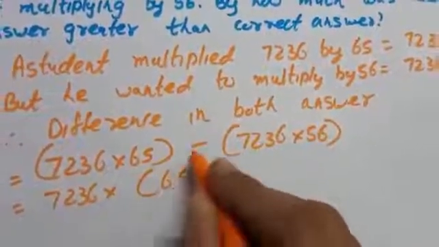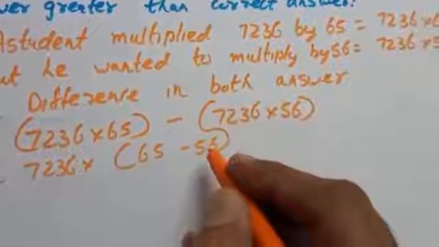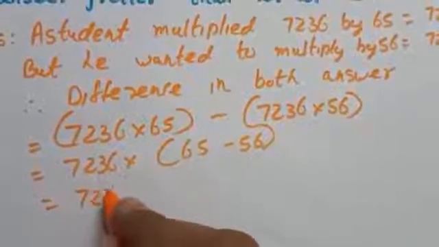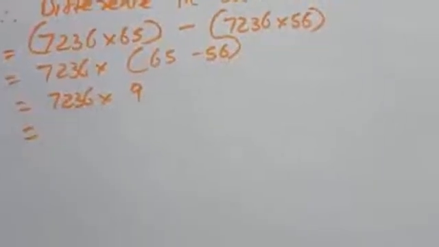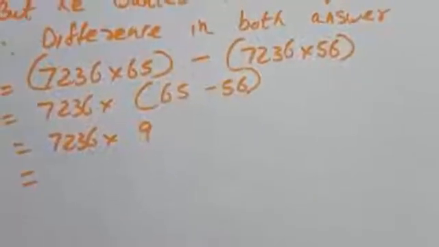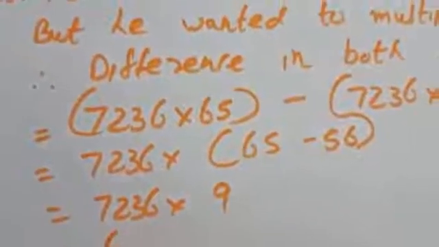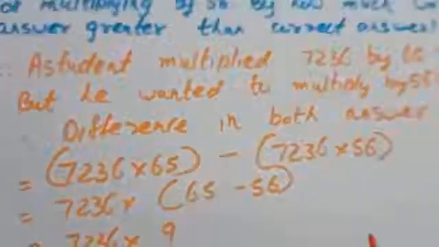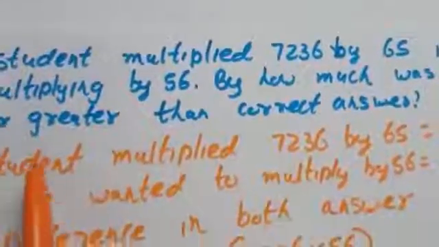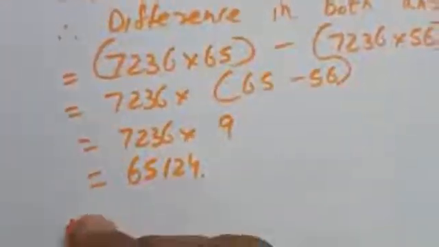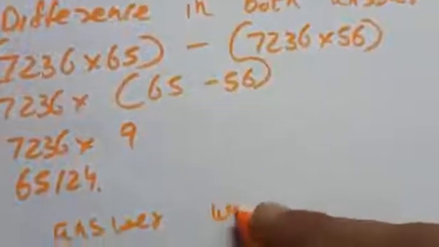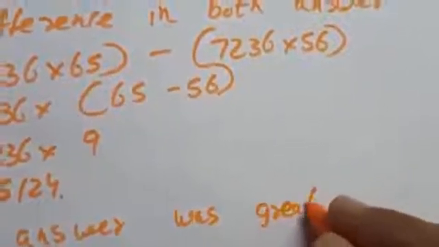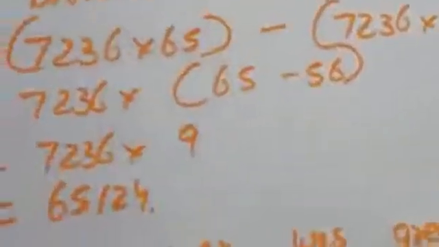What remains with us? 65 minus 56. So it will be 7236 multiplied by 9. When you multiply 7236 by 9, you will get 65124. Now what was asked? By how much was his answer greater than the correct answer? So his answer was greater by 65124. That's the answer.